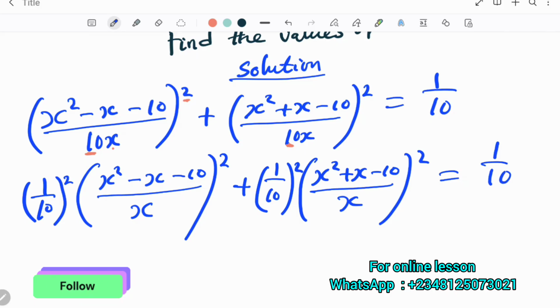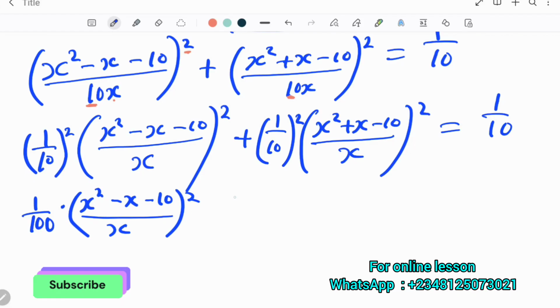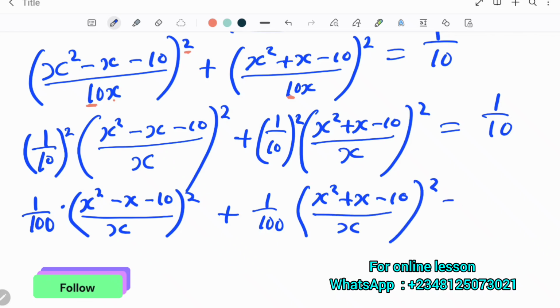The next thing we do is square this 1/10, which gives us 1/100. So we have 1/100 times ((x² − x − 10)/x)², plus 1/100 times ((x² + x − 10)/x)², equal to 1/10. Now we need to get rid of the fraction, so we need to eliminate the denominator.